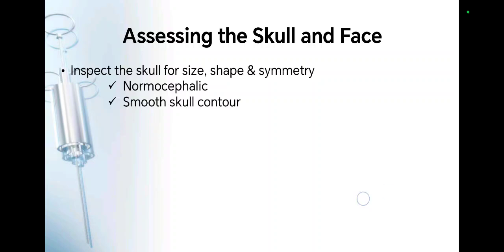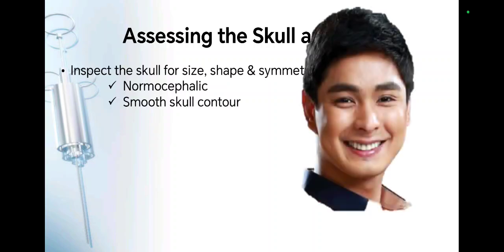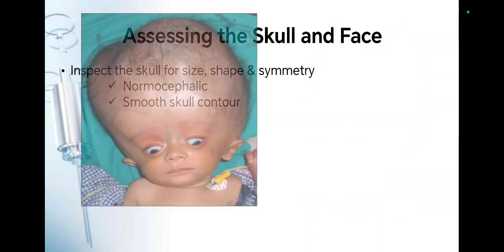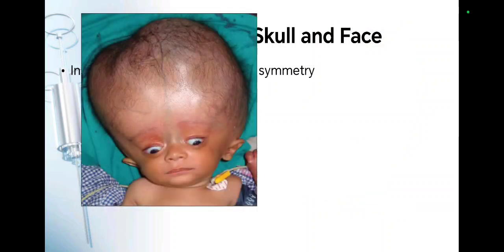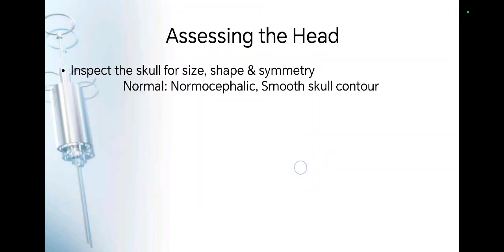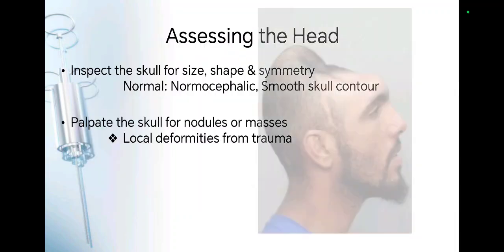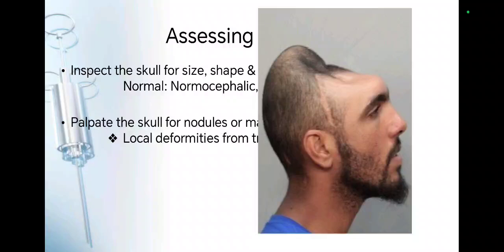Again, this is normocephalic, a smooth skull contour. This is an example of hydrocephalus, but it can also be an example of macrocephaly. These are examples of local deformities from trauma, where the patient experienced a depression.